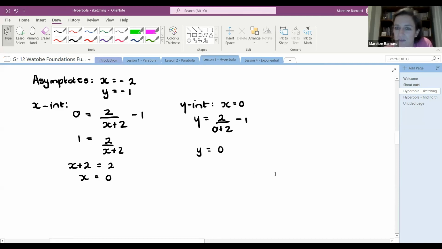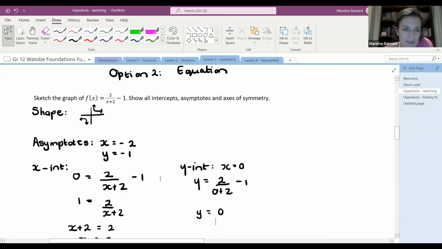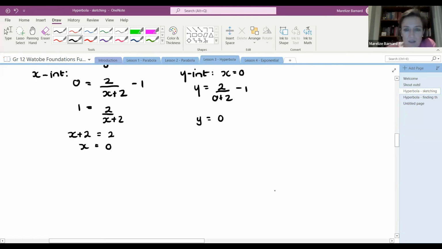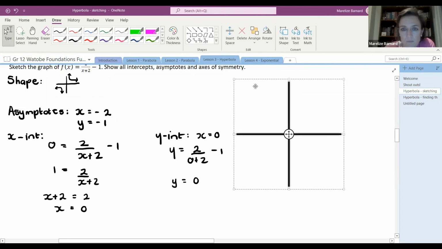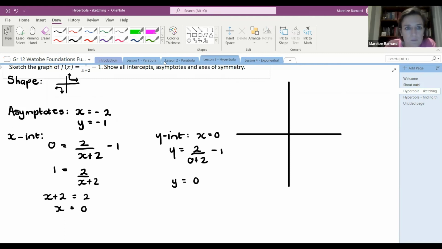Okay, yes, that's right. The x-intercept 0, y-intercept is 0. There are my asymptotes. And now I think we are ready to draw. Going to do asymptotes, x equal to minus 2.